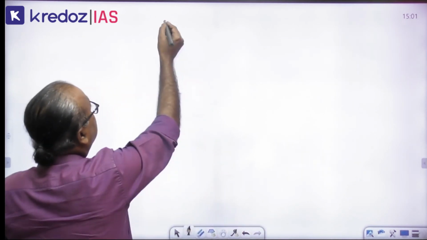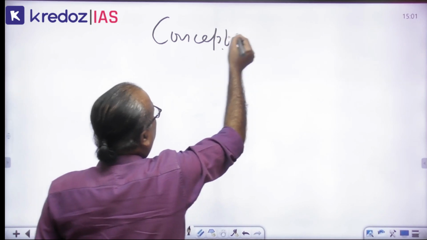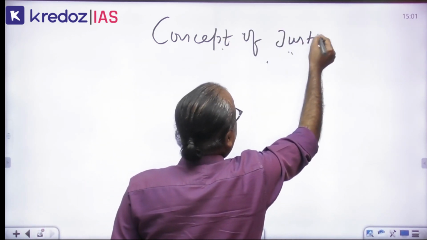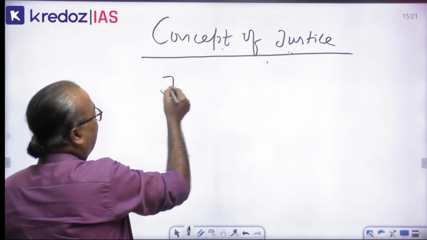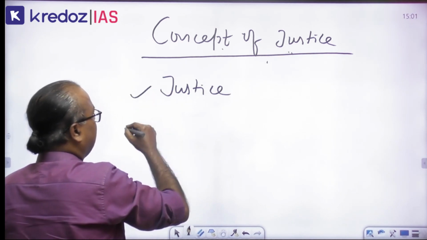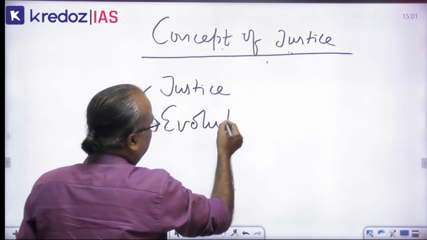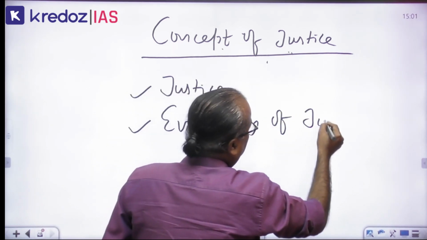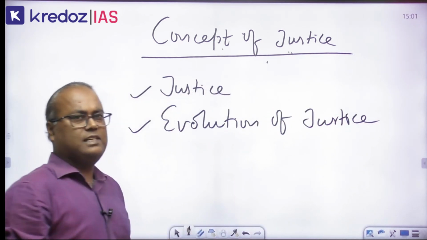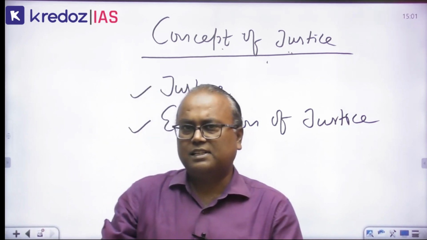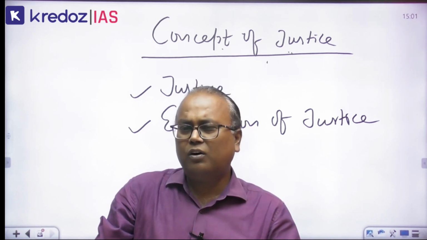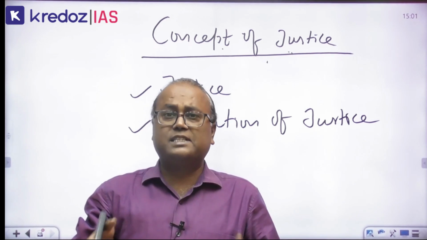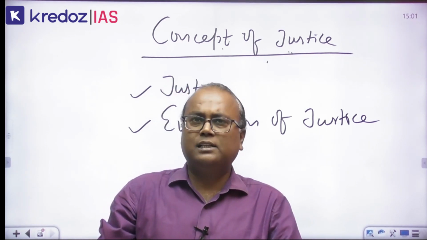So, at first the concept of justice. In the concept of justice, at first you have to understand what justice is all about. Then the evolution of justice. The form of justice, like distributive justice, whatever we are seeing right now, how it came to this present form, we are going to learn in the evolution of justice.